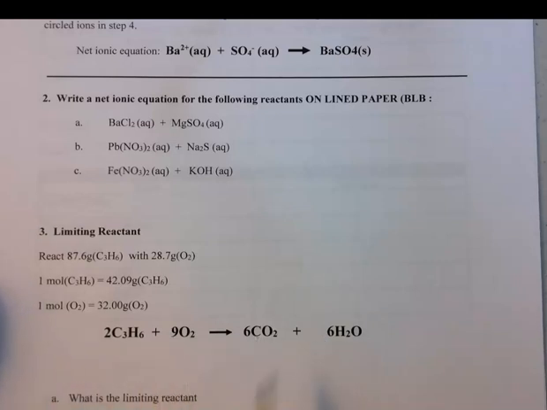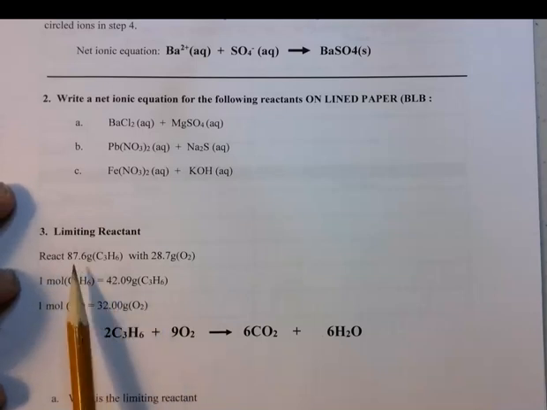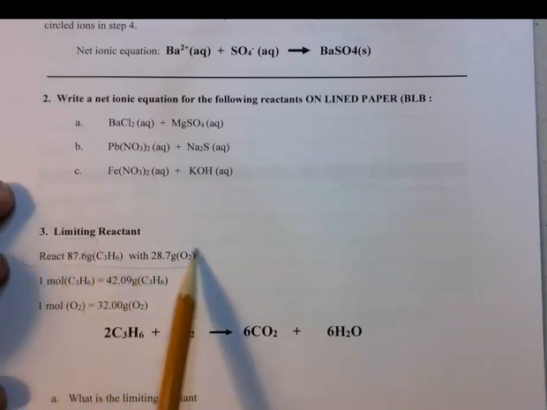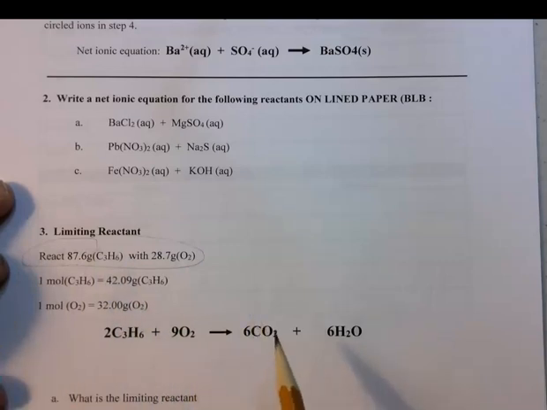So you already have a balanced equation. First thing we're going to do is convert what we are given to work with into moles.